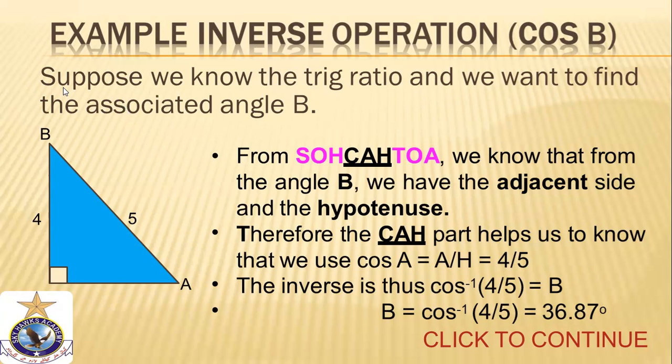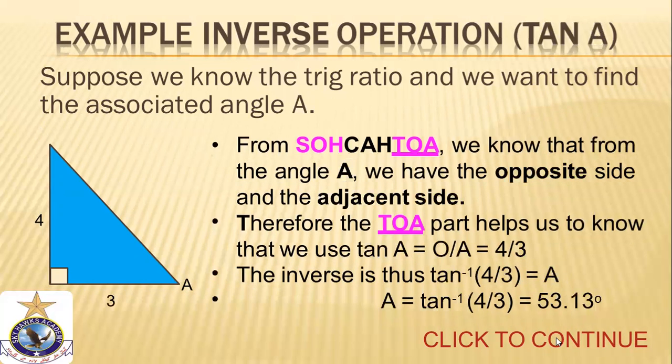The inverse is thus cosine inverse of 4 over 5, which is equal to B. Cosine inverse of 4 over 5 is equal to 36.87. This will be the value on the calculator.